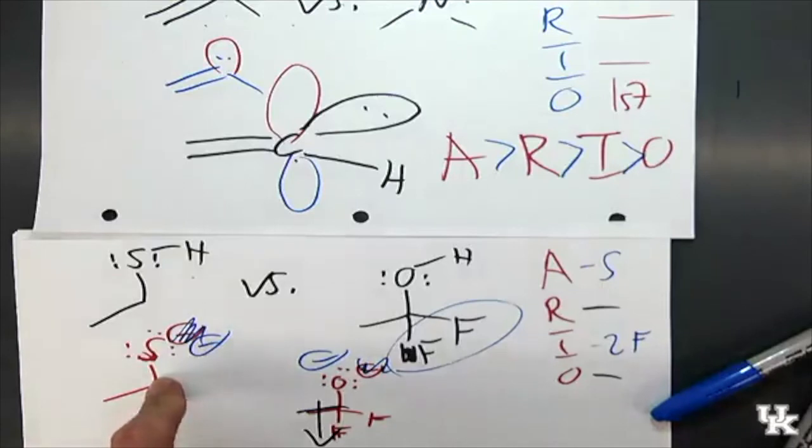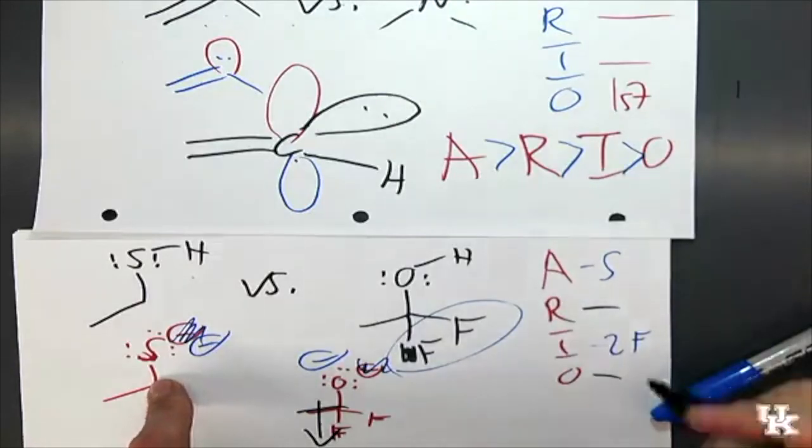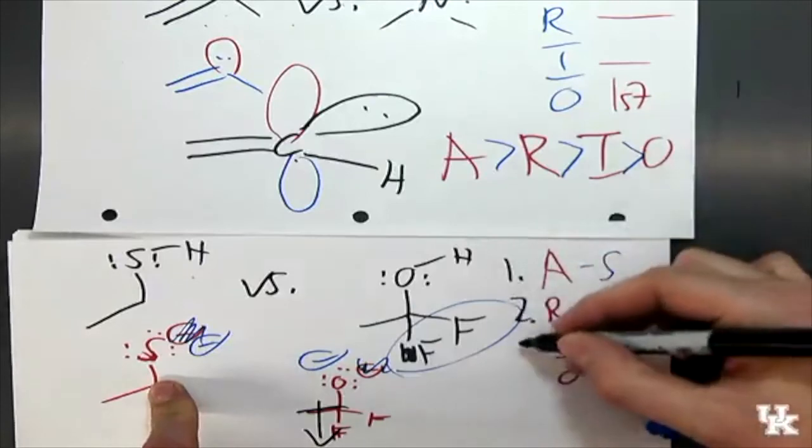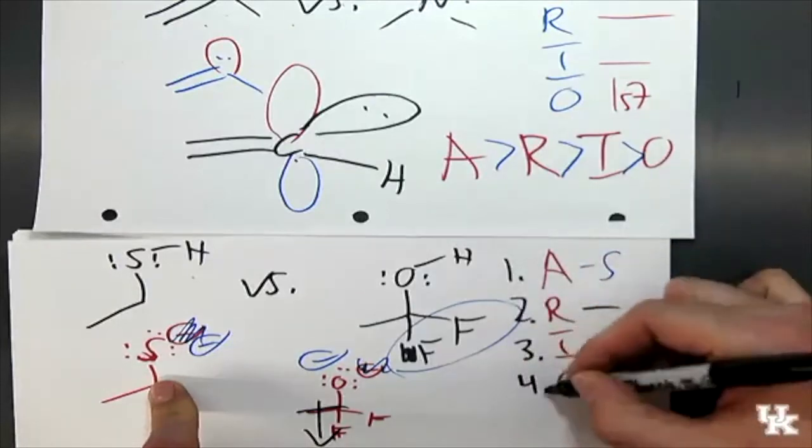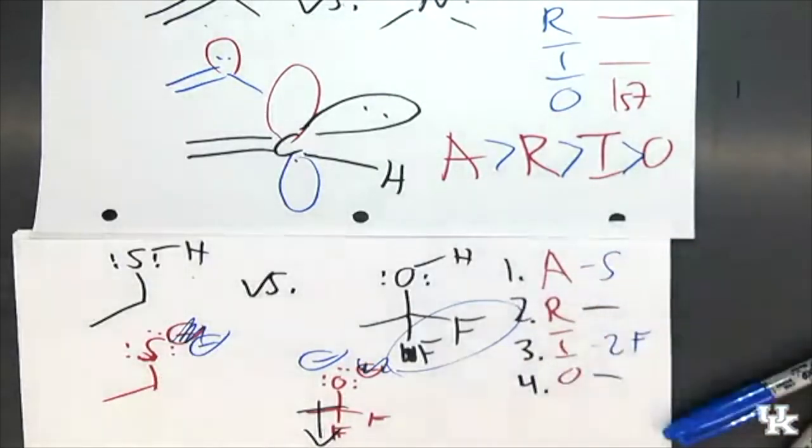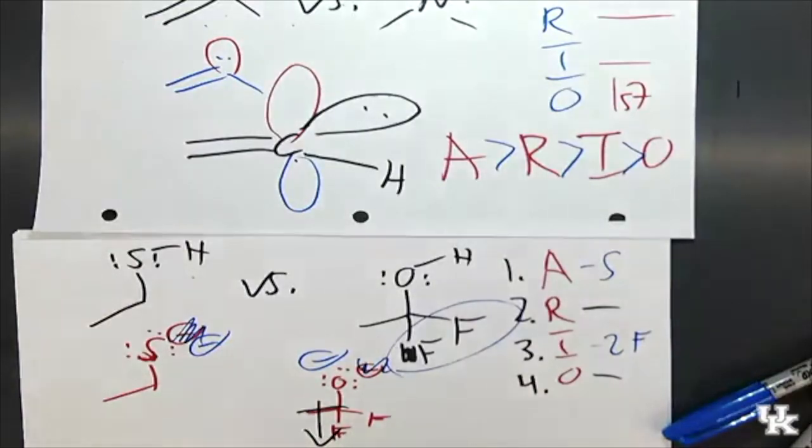Every time. So it might even help you to draw it vertically like this. That way you can rank it in your mind intrinsically that A is best, then R, then I, then O. If that's how you have to do it, that's fine. But you need to get that stuck in there that this is the priority that is given to each of them.